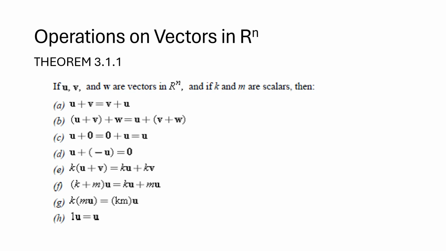The quantity u plus v plus w is equal to u plus the quantity v plus w. u plus 0 is equal to 0 plus u, which is equal to u. u plus the negative of u is 0. k times the quantity u plus v is equal to ku plus kv. The quantity k plus m times u is equal to ku plus mu. k times mu is equal to kmu, and 1 times u is equal to u.